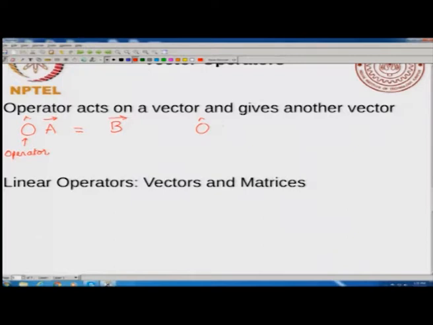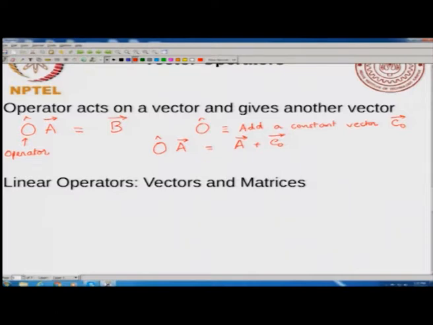In 3-dimensional space, I can define an operator as: add a constant vector C0. So what does it do? Suppose I take the operator acting on A. What the operator does is it adds a constant vector C0, so I get A plus C0.